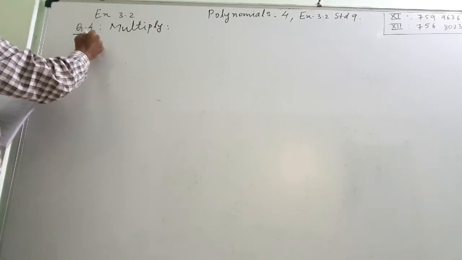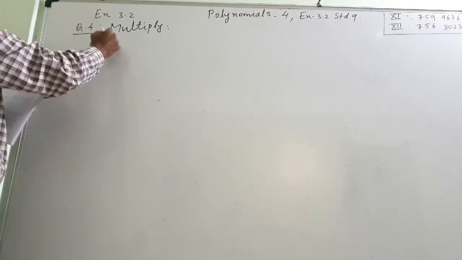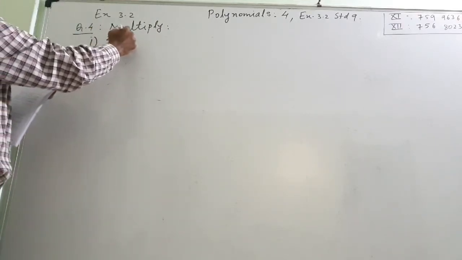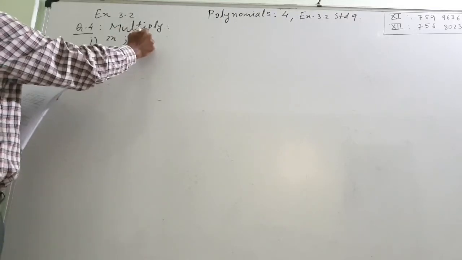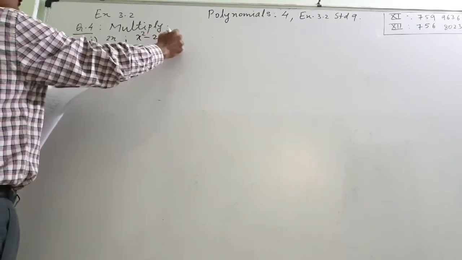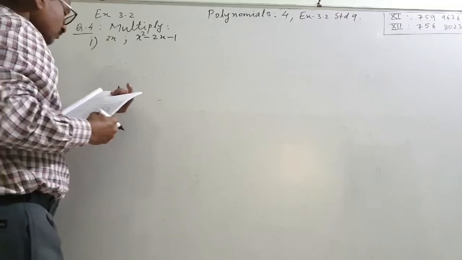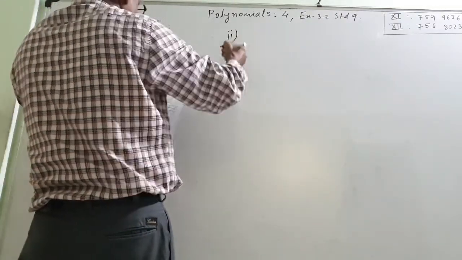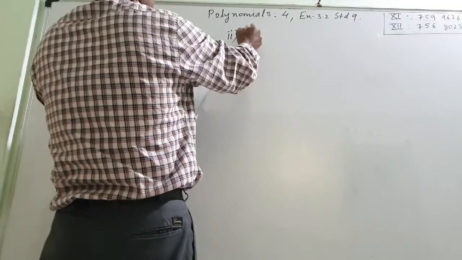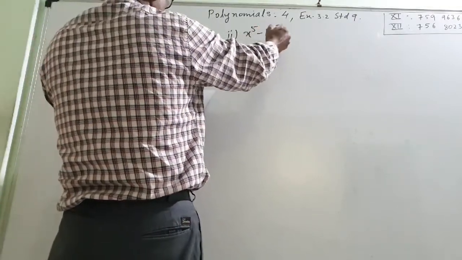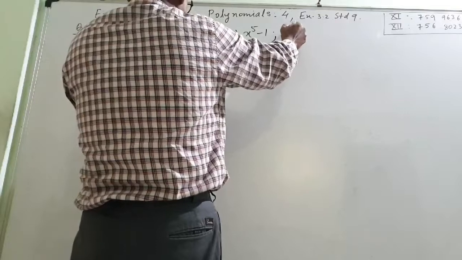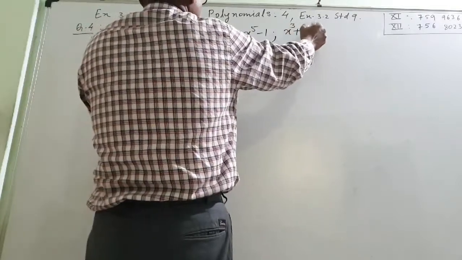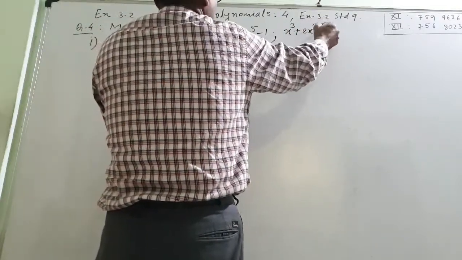What to multiply? The first one is 2x and x square minus 2x minus 1. The second one is x raised to 5 minus 1 and x raised to 3 plus 2x square plus 2.